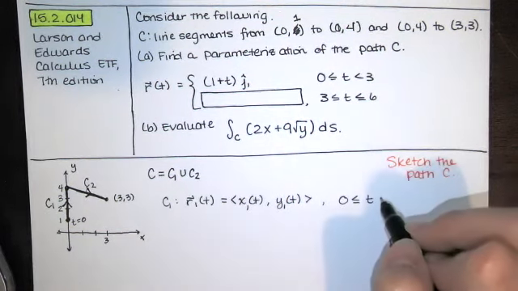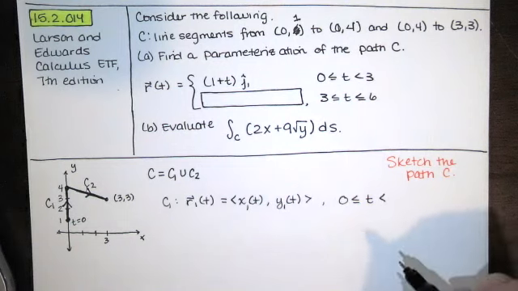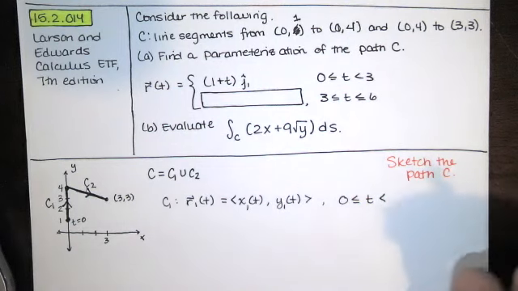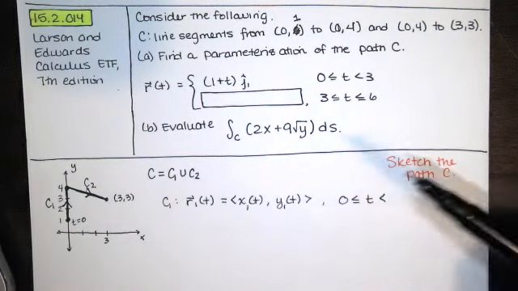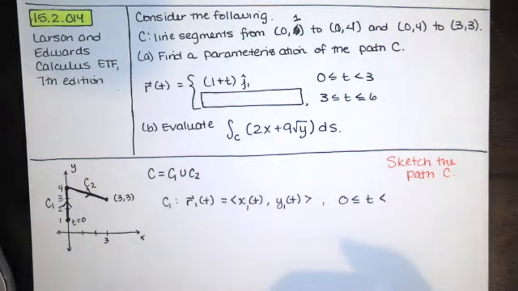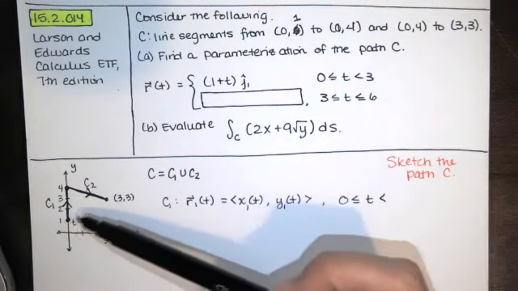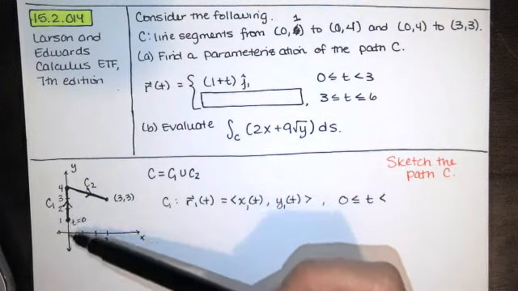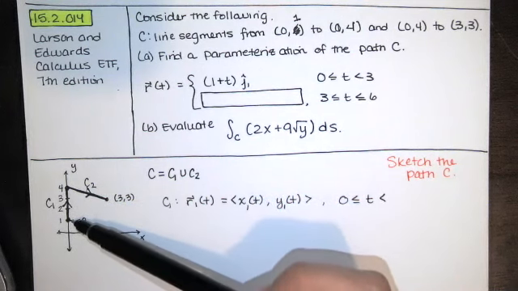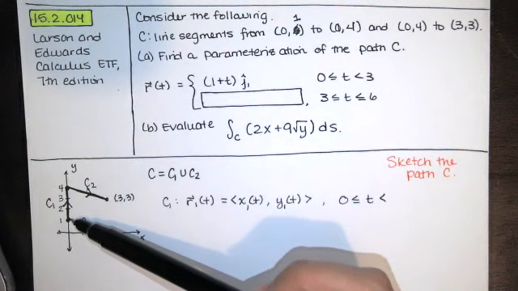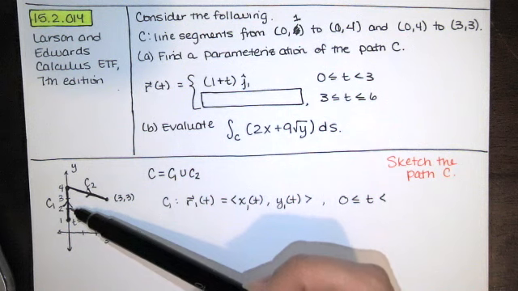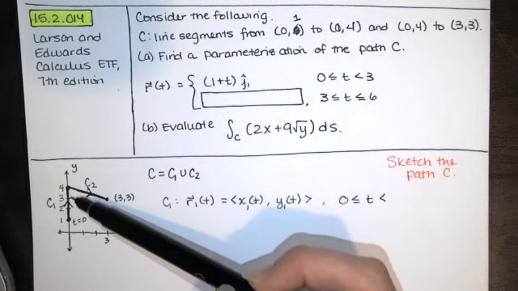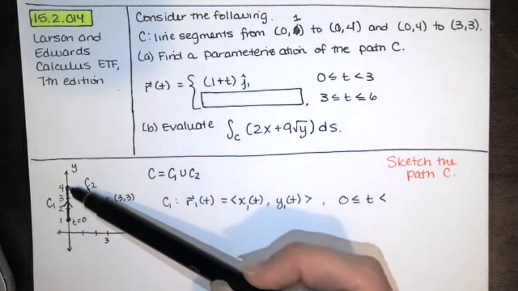Now, when I'm deciding what my upper limit for t should be, I'm trying to keep this as simple as possible. So one way that you can make everything as simple as possible is to imagine being a little particle traveling along this line segment. At t equals 0, I'm here. And if I'm a particle traveling along this line segment, maybe like 1 second later, I'm here, and another second later, I'm here, and a third second later, I'm here.